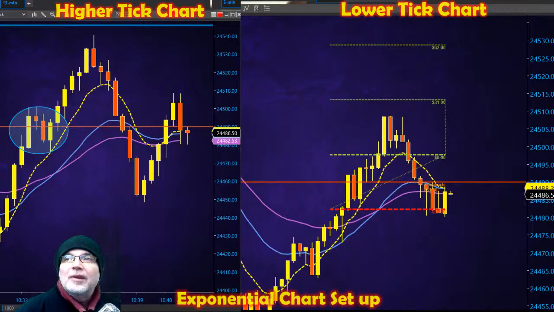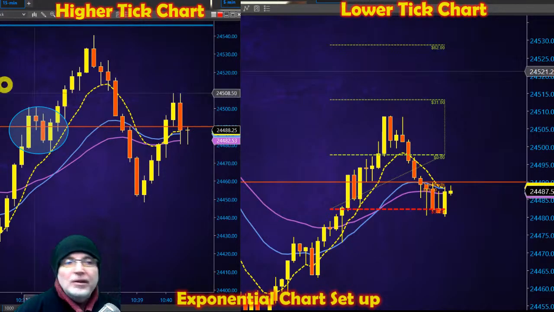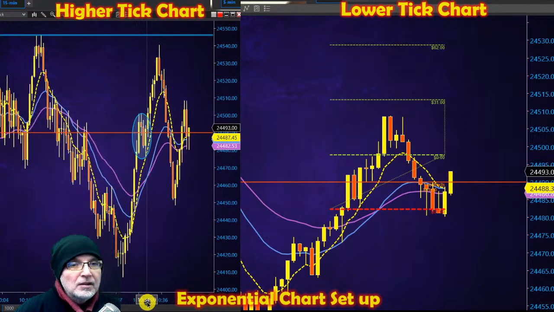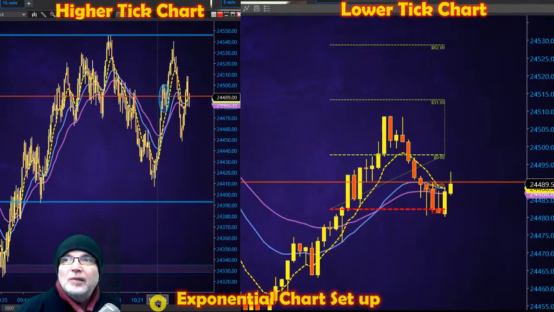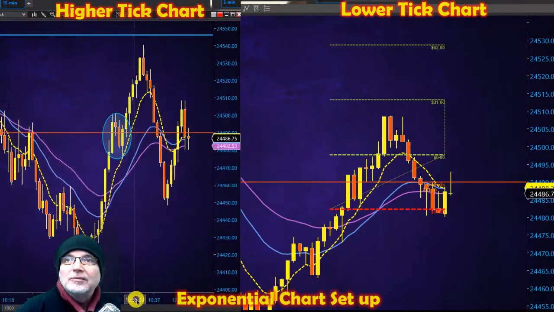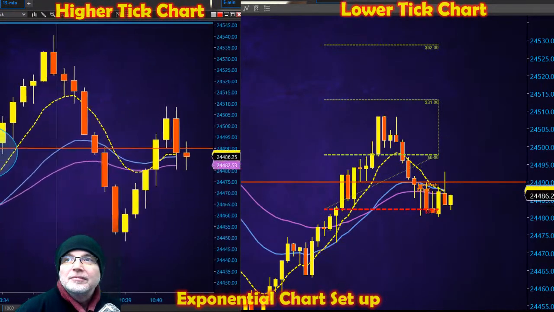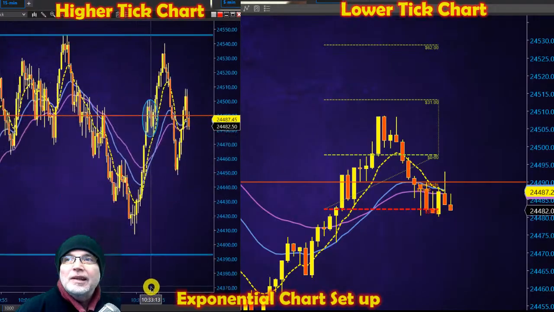I don't know if that was a good trade idea. That might not have been a good trade idea. It's just too sideways. Yeah, you don't have any momentum on that. I can't go short. I can't go long.